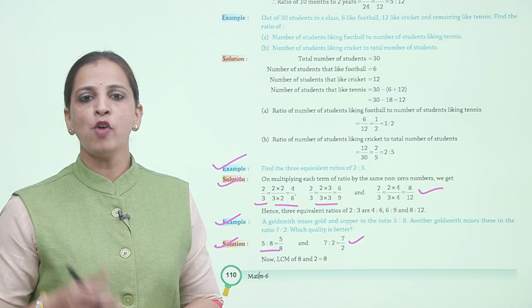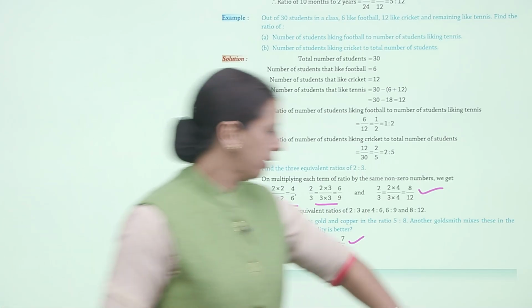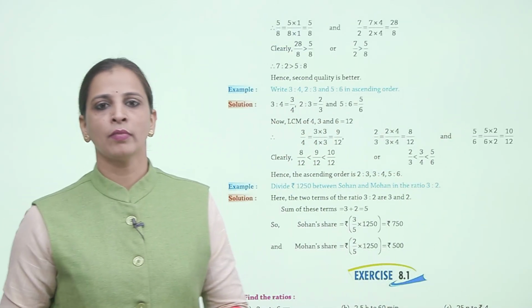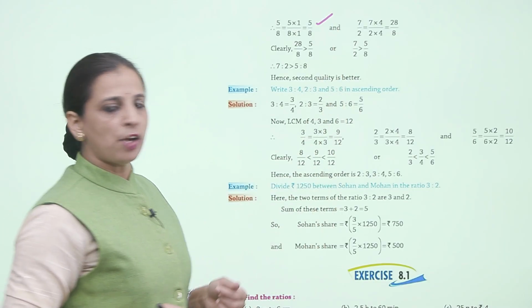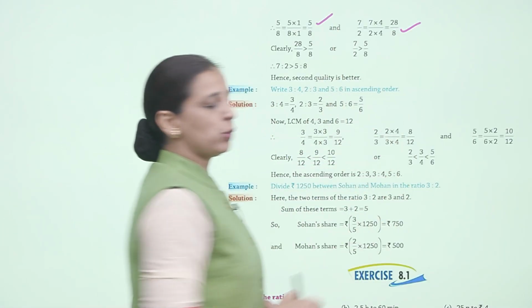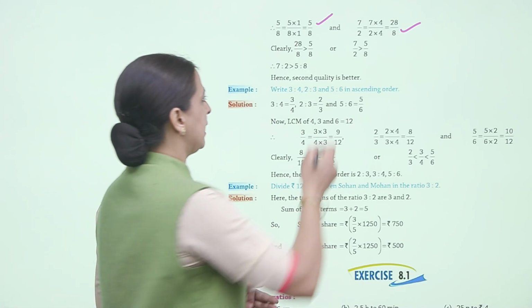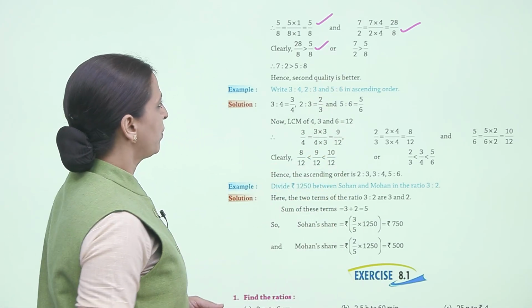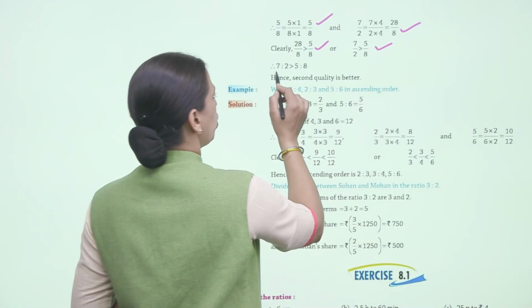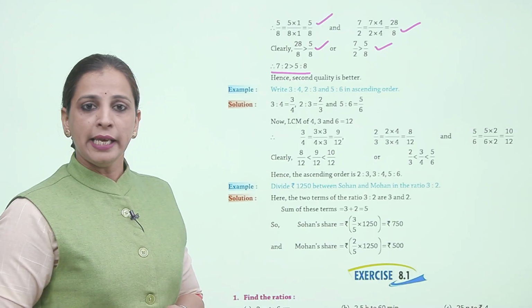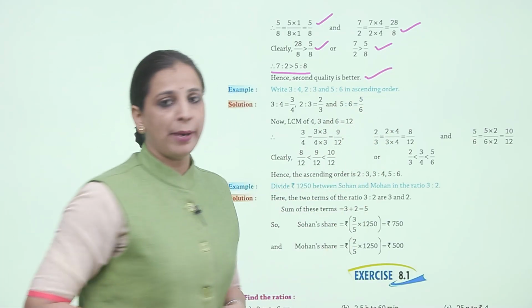Now LCM of 8 and 2 is 8. तो दोनों के डिनोमिनेटर को 8 बनाएंगे. 5 by 8 is already 8, तो multiply by 1, 5 by 8. 7 by 2 is multiplied by 4 is 28 by 8. Clearly 28 by 8 is greater than 5 by 8, or 7 by 2 is greater than 5 by 8. So 7:2 is greater than 5:8. Hence second quality is better.